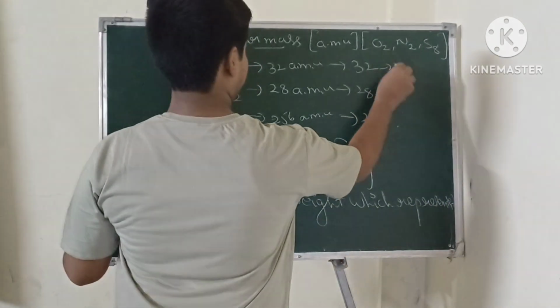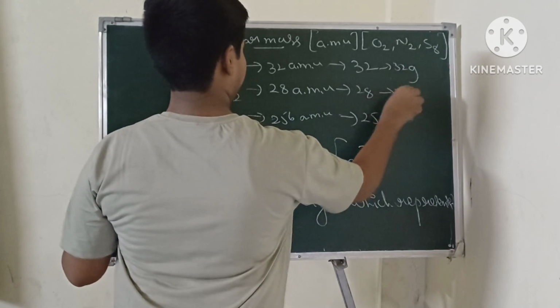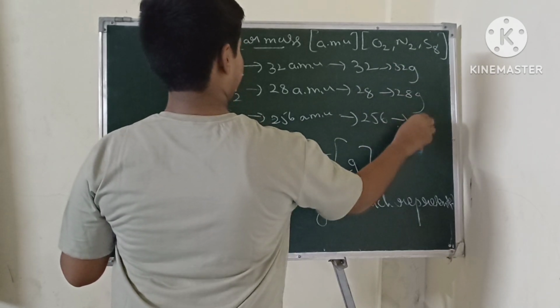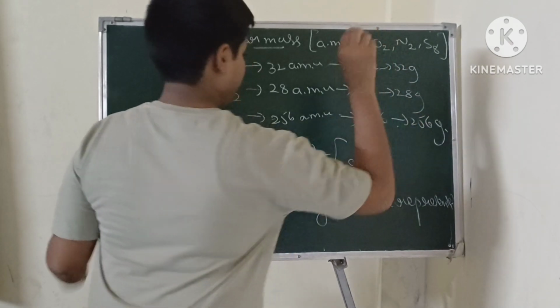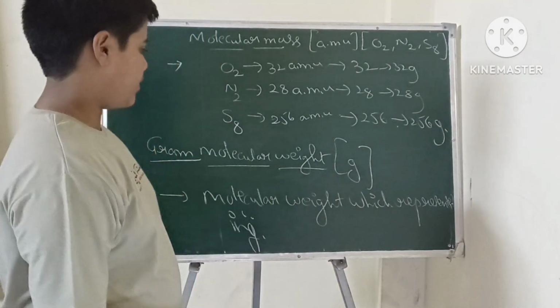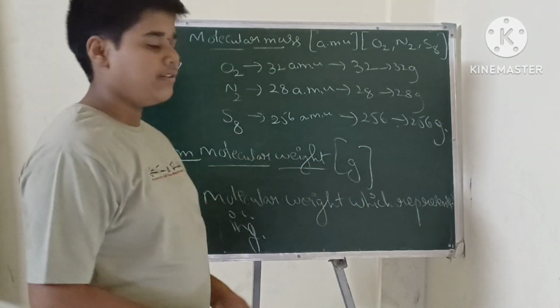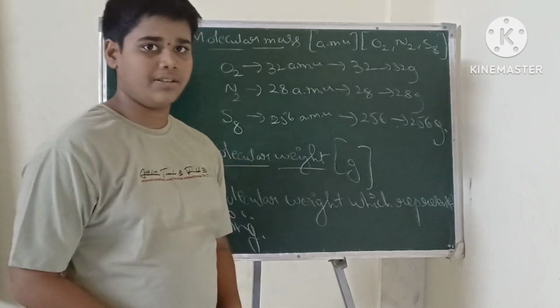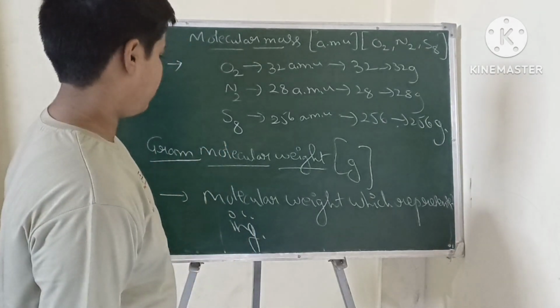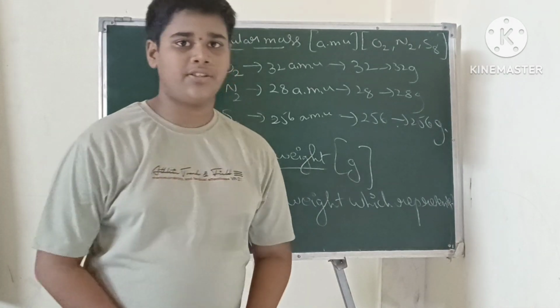For example, this is 32 grams, this is 28 grams, and this is 256 grams. So like this we can find grams, no units, and AMU also. And this is today's topic.